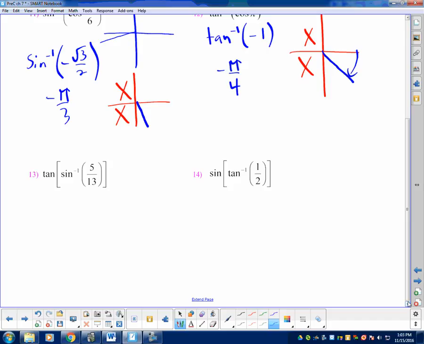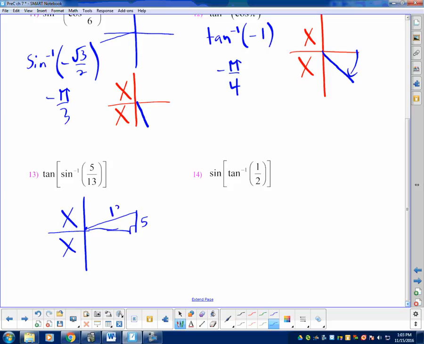So if I draw my picture here, we're going to x out here and here. So arc whose sine is 5 over 13 is telling me that, let's see if I can try. It's actually not quite that far up.